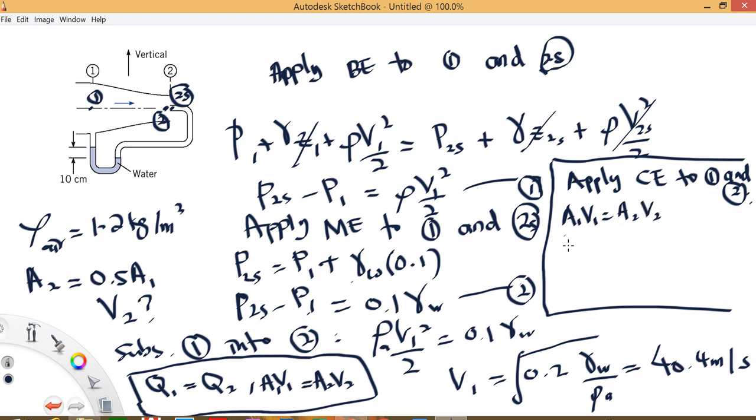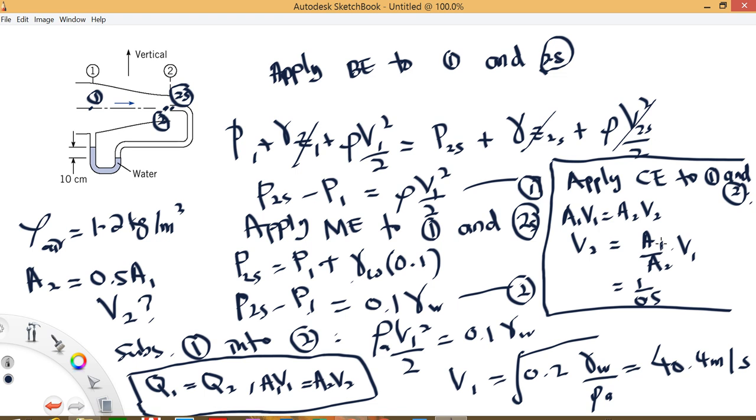So basically, it's a duct, and the area ratio is given here. Therefore, if you want to find V2, basically A1 divided by A2 times V1. It's given that A2 is half of A1. So therefore, this will become 1 divided by 0.5.